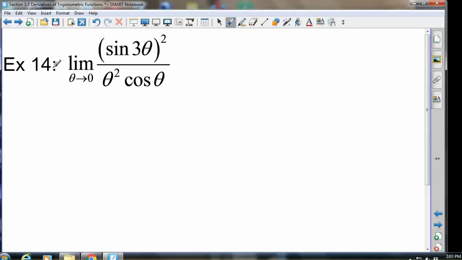Let's take a blue. Alright. Thoughts? Divide it up.